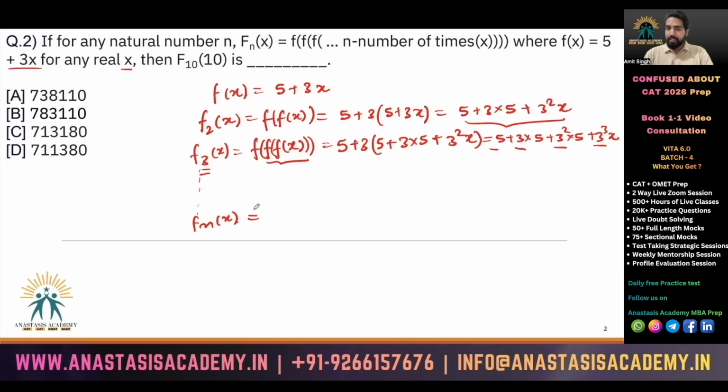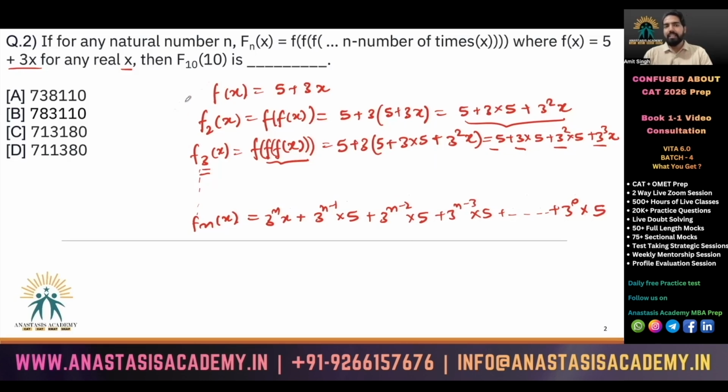So can you see the generalized form of this function would be f^n(x) equals 3^n x plus 3^(n-1) into 5, because after x every term has this 5, plus 3^(n-2) into 5 plus 3^(n-3) into 5, and so on till 3 raised to the power 0 into 5, right? So this is the definition of f^n(x).